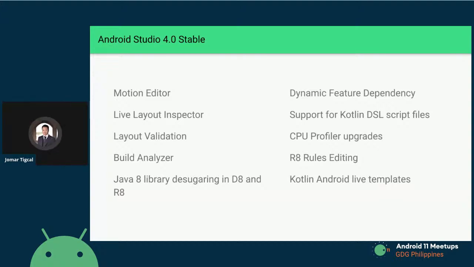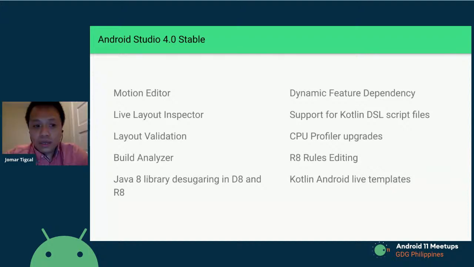They also have the Build Analyzer. You can diagnose issues with your build process, so you can check why this build is acting this way. They also have dynamic feature dependency, like with the app bundle I mentioned earlier. If a feature depends on the main or app module, you can now instead depend on another specific module.